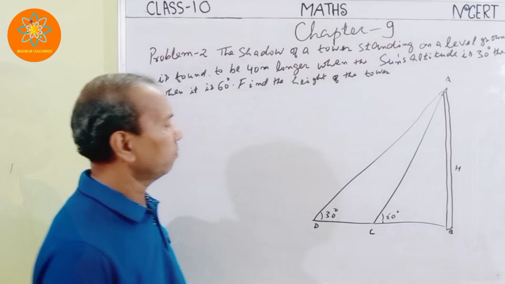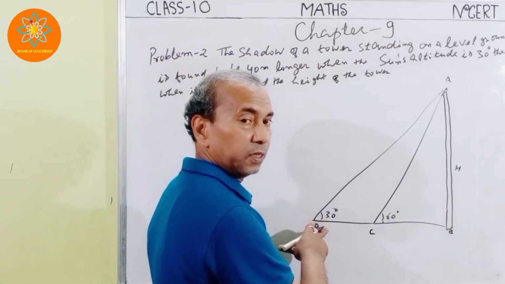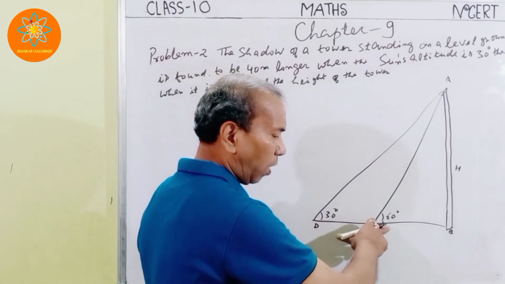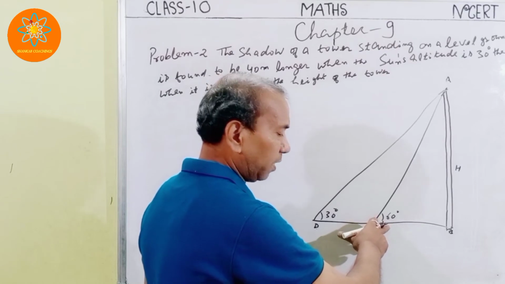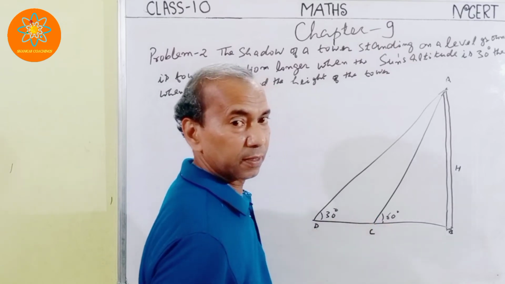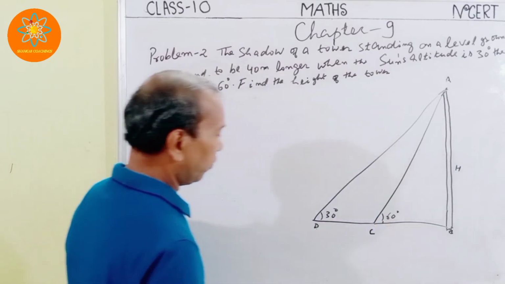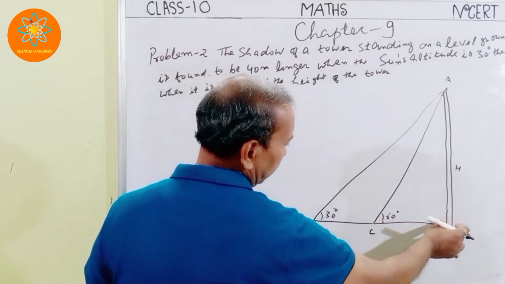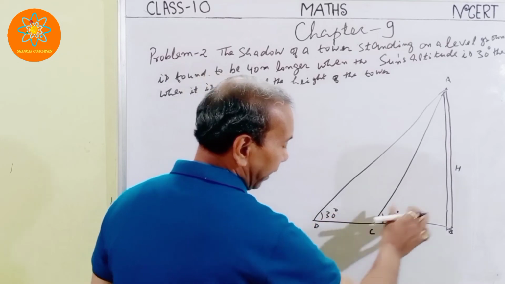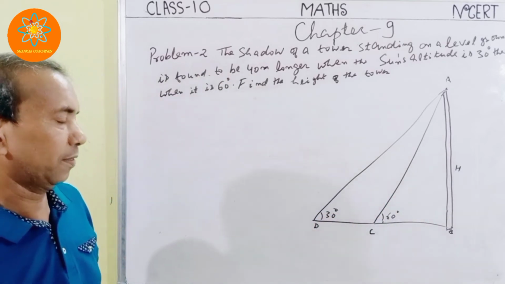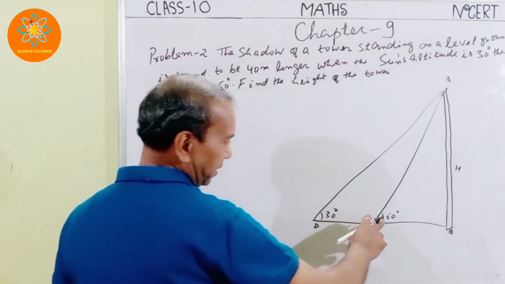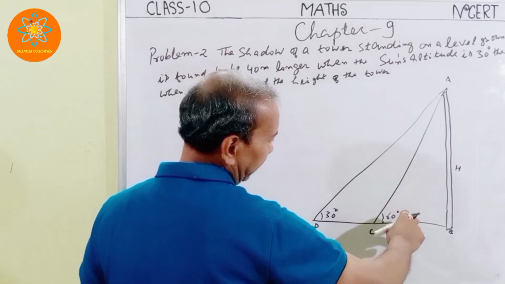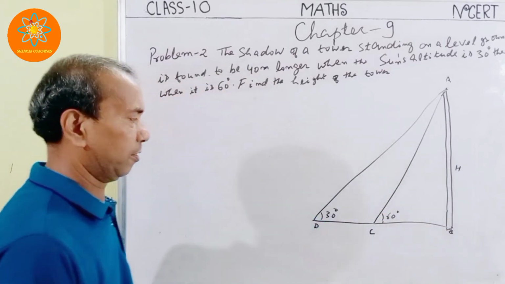Now, whether this angle will be 60 degree or this angle will be 30 degree. For that, if you are going towards this B point, the angle is increasing, because after 60 it will be 70, 80 and lastly 90, like that.